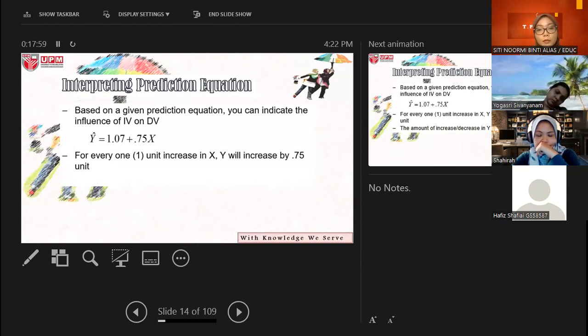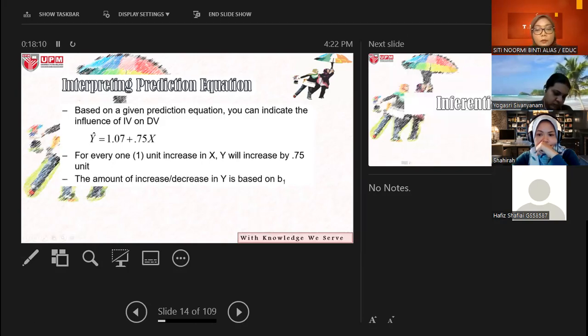So for every 1 unit increase in x, y will increase by 0.75 unit. This is how we interpret the prediction equation. The amount of increase or decrease in y is based on B1, the slope.